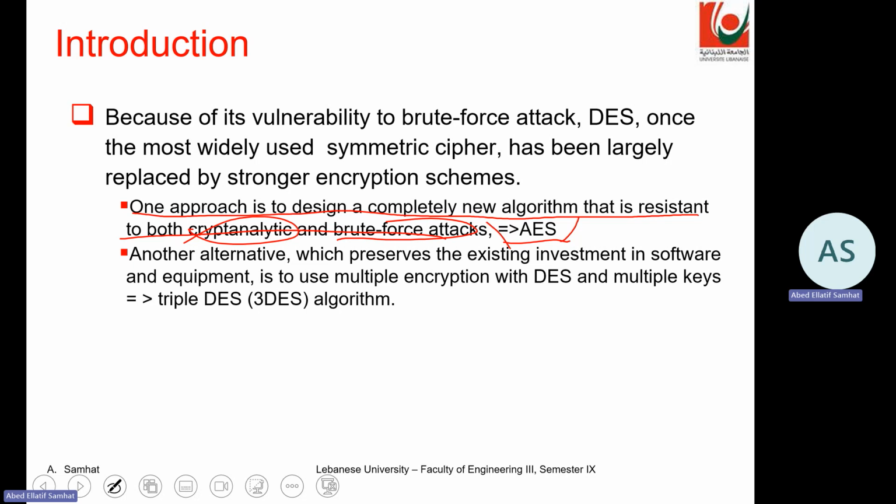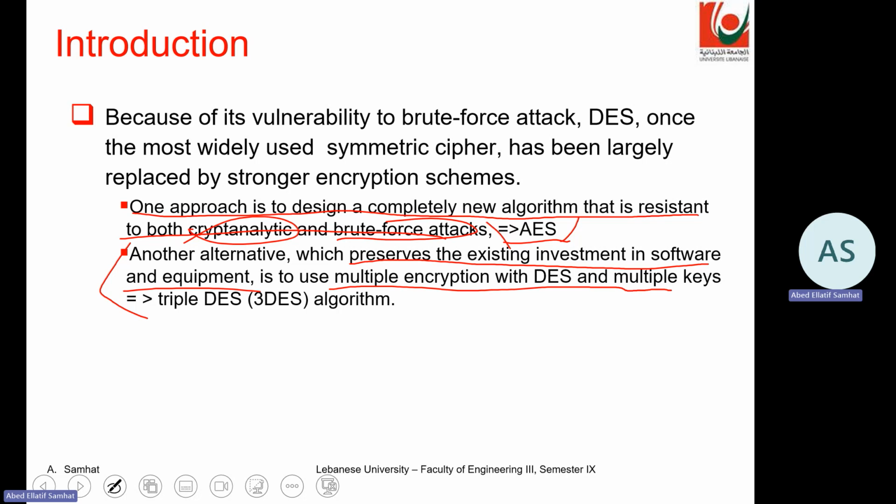Another alternative was to preserve the existing investment in software and equipment, because DES was already implemented in a lot of devices and services, and to avoid migration or modification. So they proposed to use multiple encryption with DES. In this case, what is implemented in software will be the same.